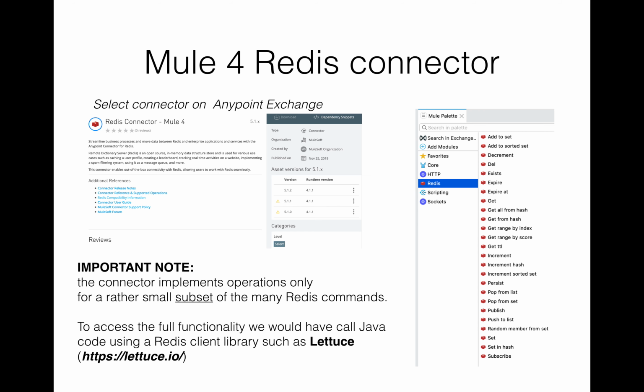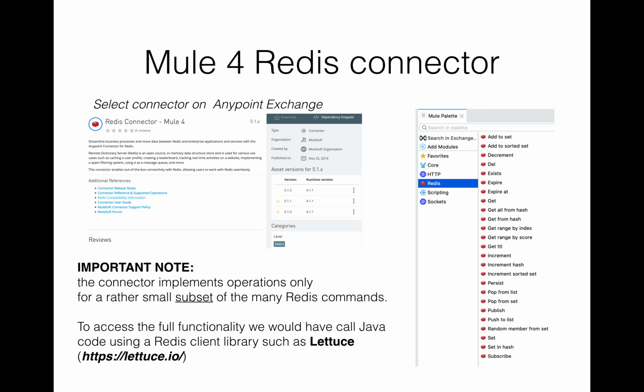So let's first introduce the Mule4 Redis Connector. You can see the screenshot from Anypoint Exchange. It's a select connector, so it's supported by MuleSoft. What you can see on the right side are the Redis commands implemented by operations of this connector.